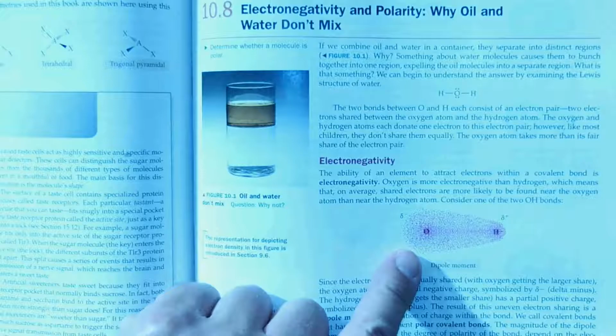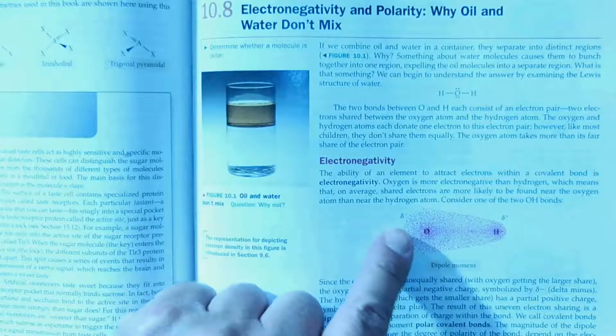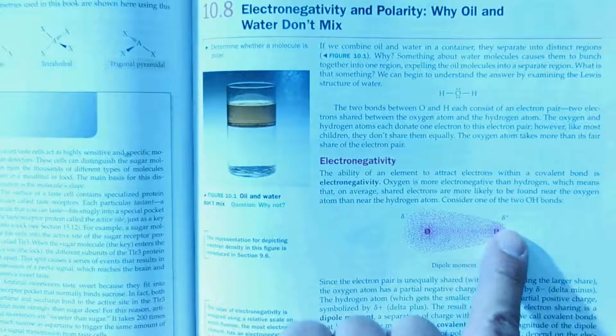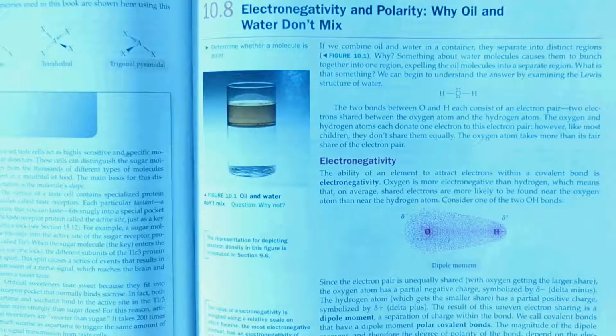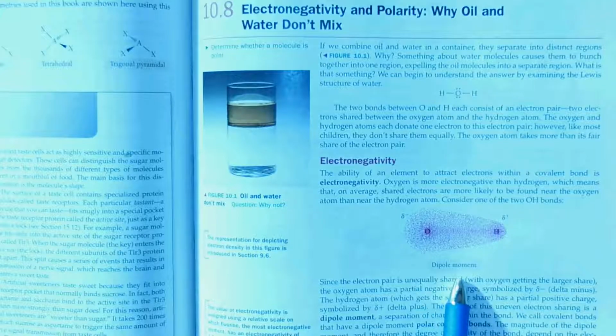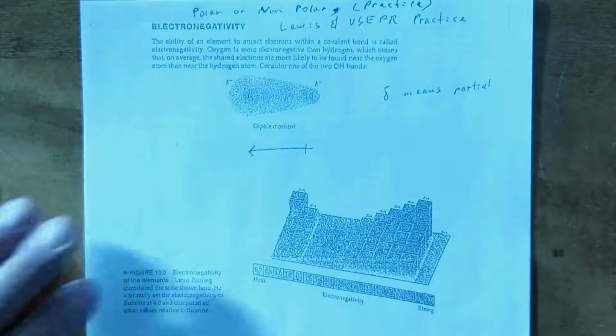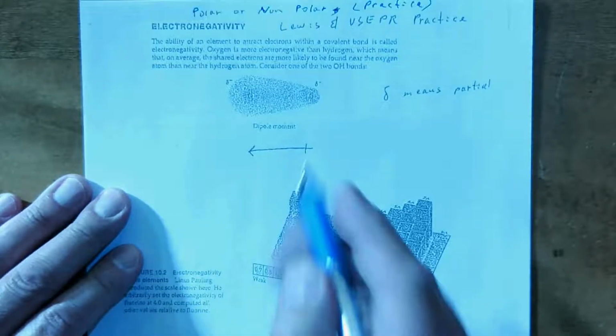Because of that, this end of the bond becomes a little bit negative. The other end of the bond becomes a little bit positive. You'd say that is a polar bond, and they call it a dipole moment here. Now, sometimes dipole moments are shown with symbols like this.